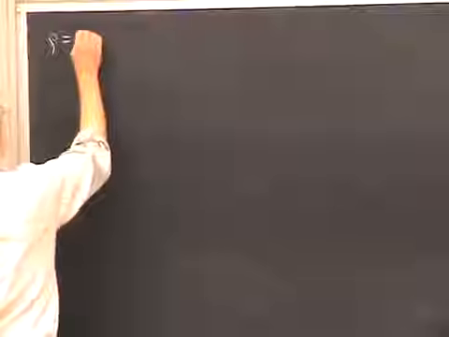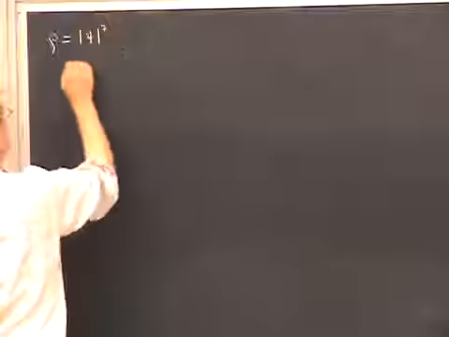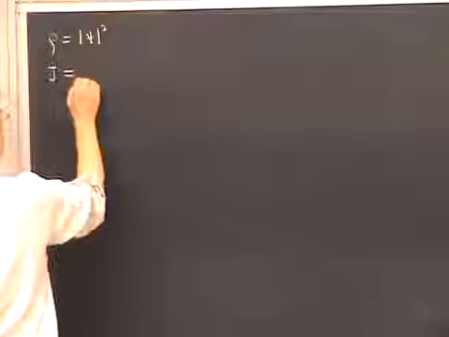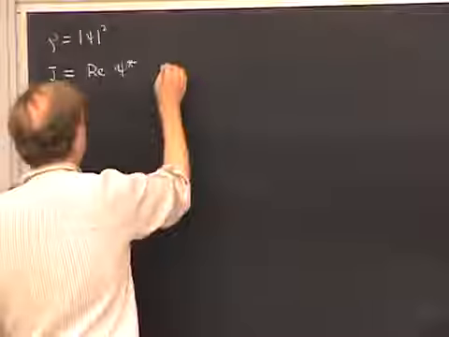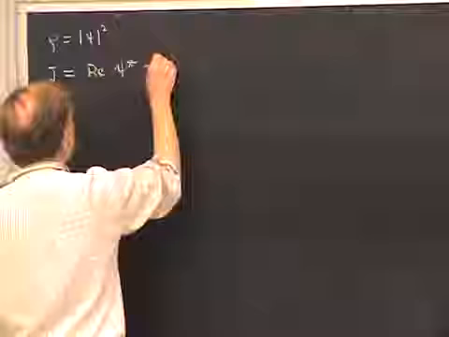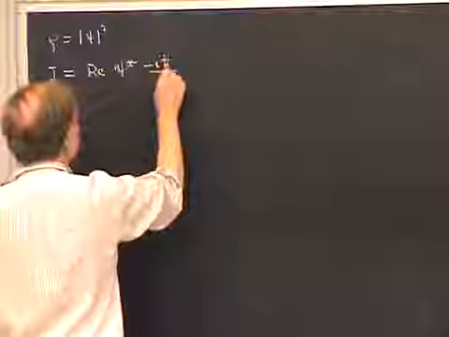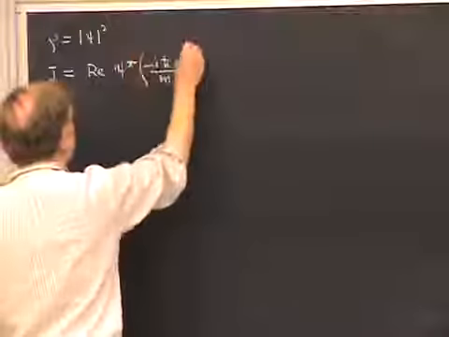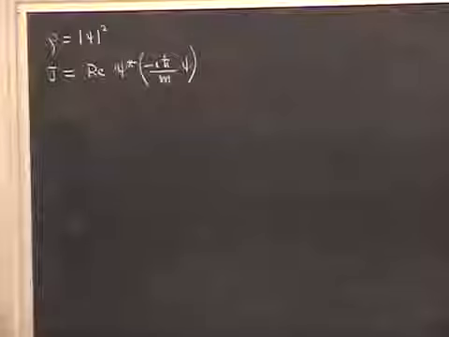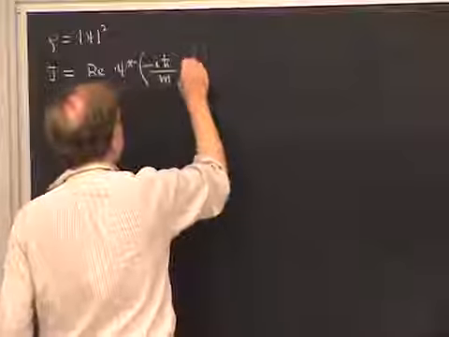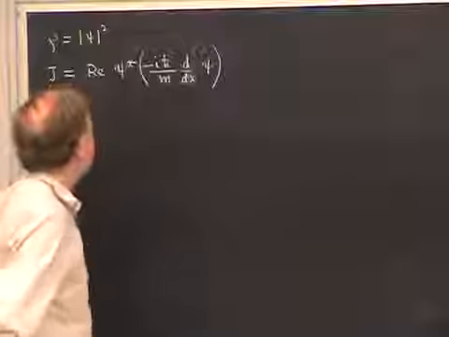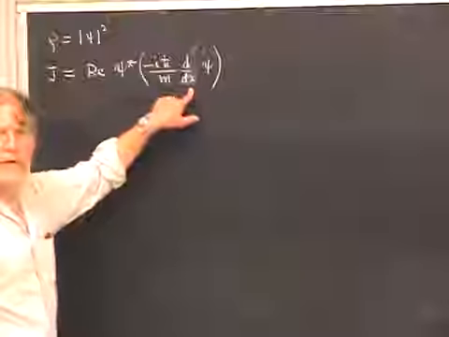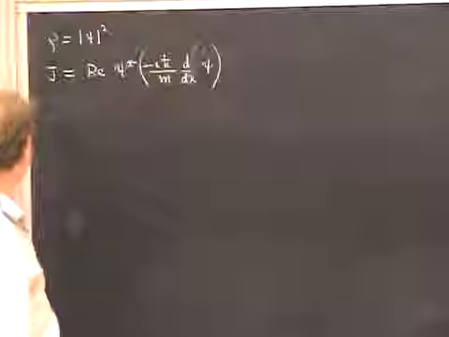But if we use the definitions we've talked about before, the probability density is the square of psi, and the probability current, which I'll call J, is the real part of psi star times a velocity operator, which is minus i h bar over m acting on psi. Oh, excuse me, it's minus i h bar over m times the derivative d/dx acting on psi. This would have been a gradient in three dimensions, but since this is a 1D problem, these are the definitions we have.